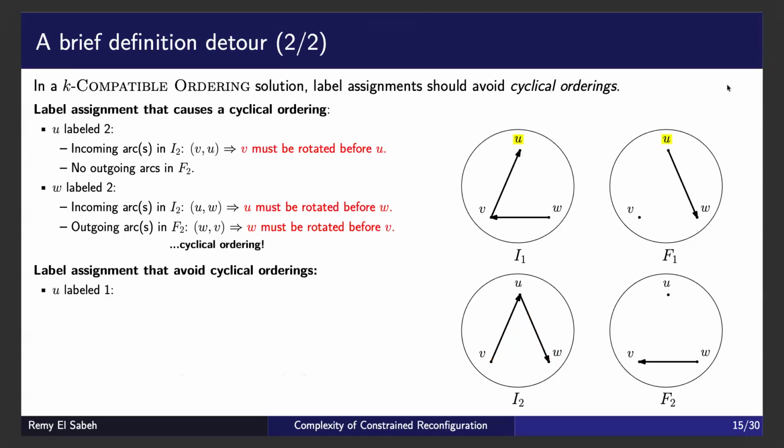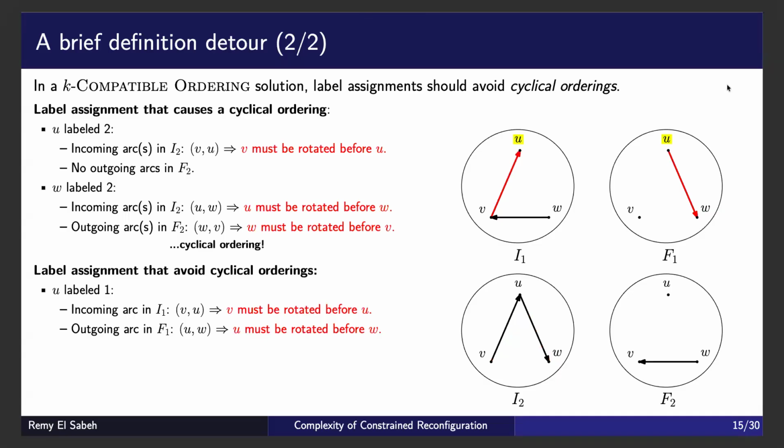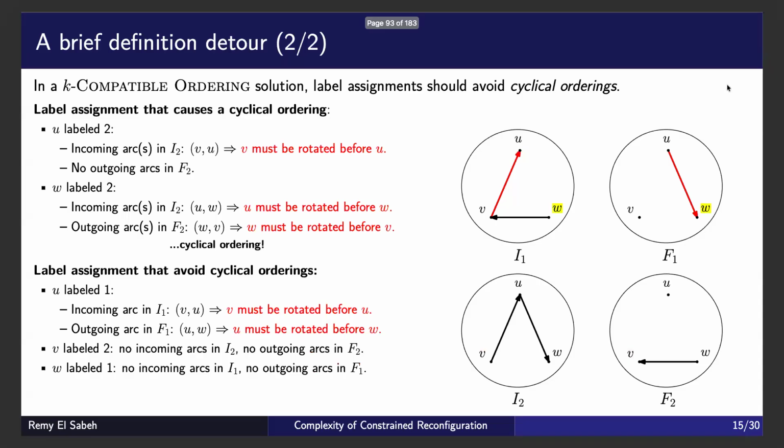So what would then be a good label assignment? Let's label U with 1. Now we're looking at U at the top. Arc that's incoming, that's VU. Arc that's outgoing, that's UW. So those are the two constraints that need to show up in a solution. And then I picked labels for V and W that don't cause any constraints to show up.